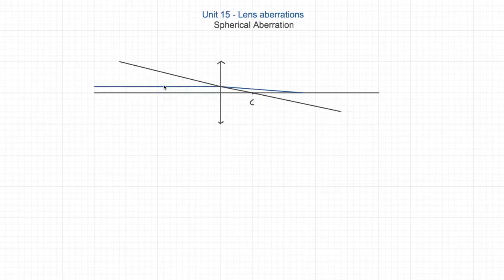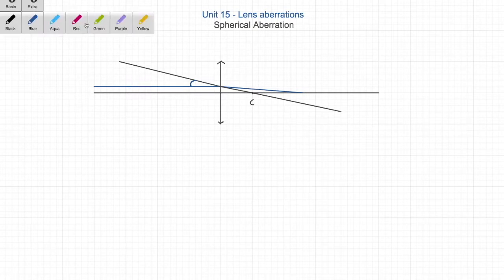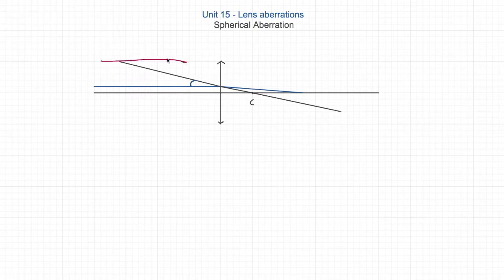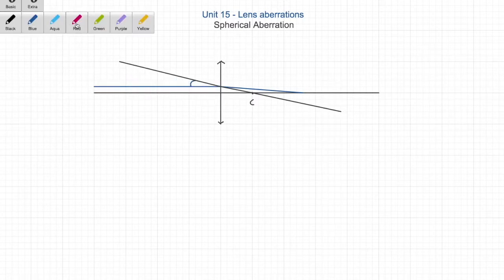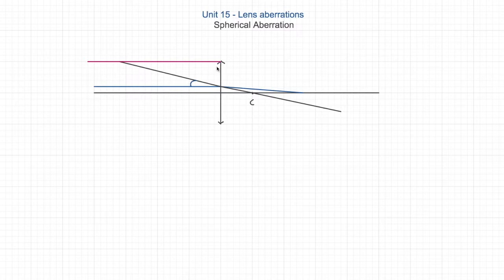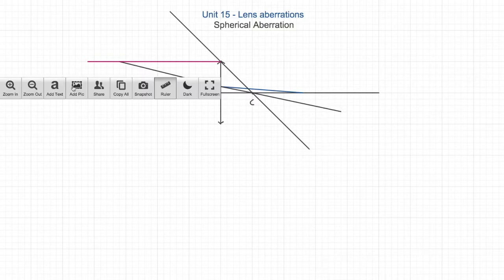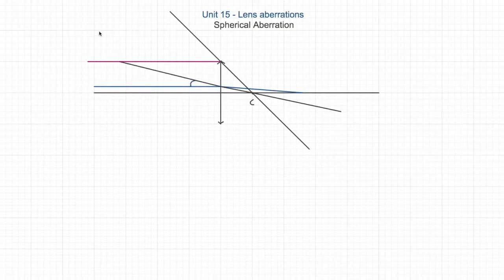I've drawn the normal through the center, and remember that the angle of incidence is the angle between the incident ray and the normal. Now we'll send in a ray that's further from the optical axis and also further from the optical center. And if we draw our normal, we see that the angle of incidence is larger for this ray that's further from the optical center.